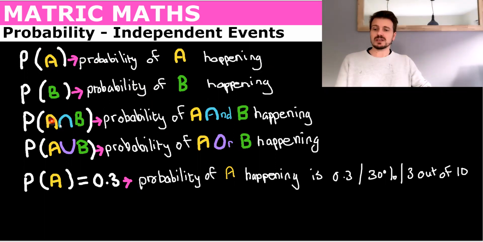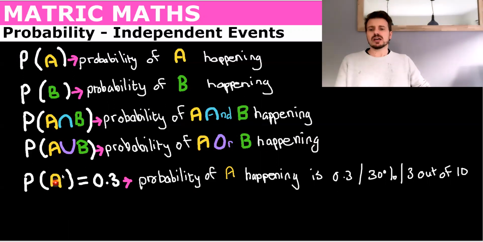When you see P of A and this upside down U in B, this means probability of A and B. Easy to remember because the upside down U just looks like the A in "and". So just probability of A and B. And then when you see the U, it's A union B, which just means probability of A or B happening. We'll go through those in some more detail in future lessons.